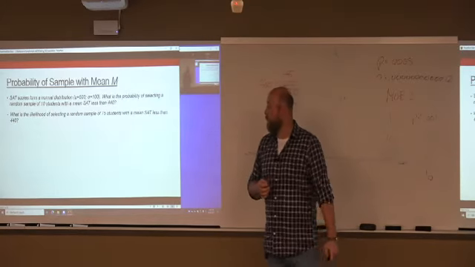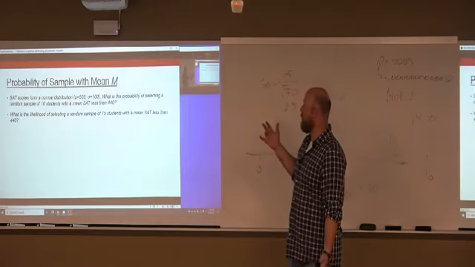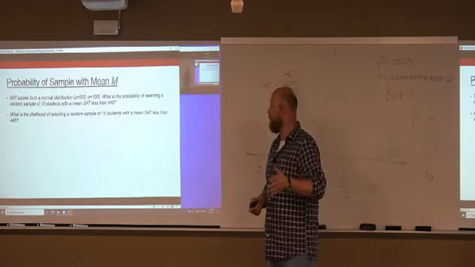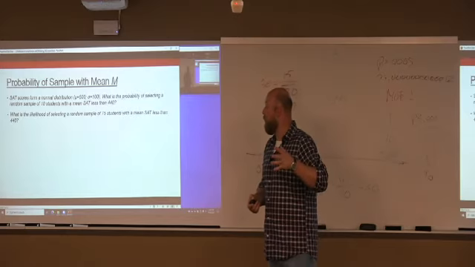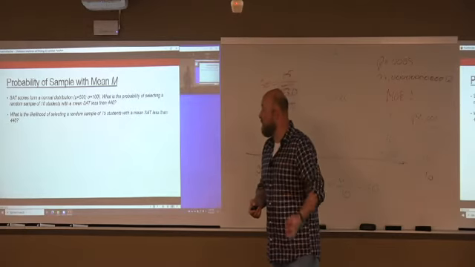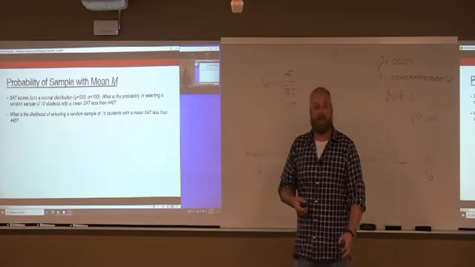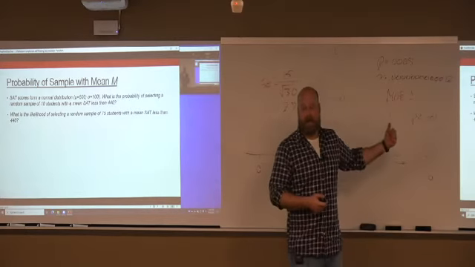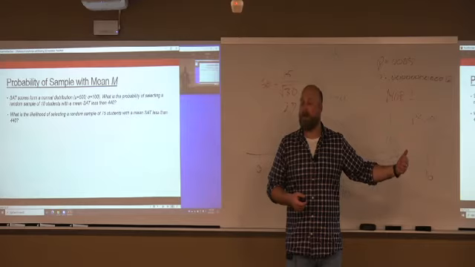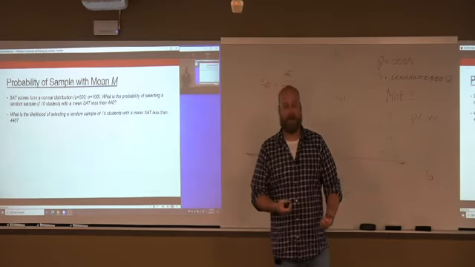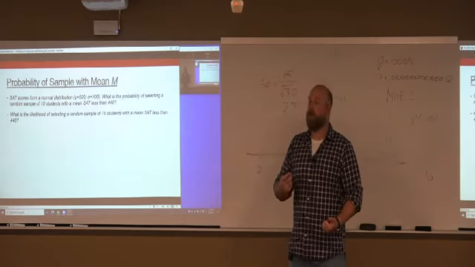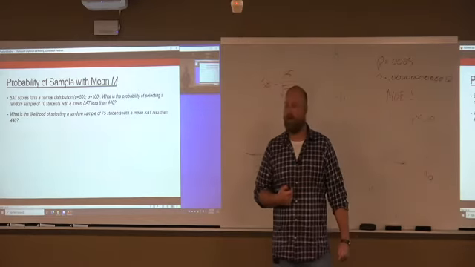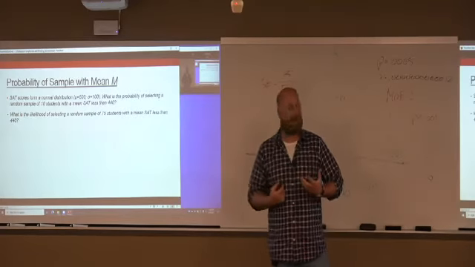Okay? So here's a practical example. Say SAT scores have a normal distribution, mean of 500, standard deviation of 100. What's the probability of selecting a random sample of 10 students with a mean SAT score less than 440? We can calculate that very quickly with this, and I can tell you the exact probability of randomly sampling 10 individuals with a mean SAT score of less than 440, based on the principles we've gone through.